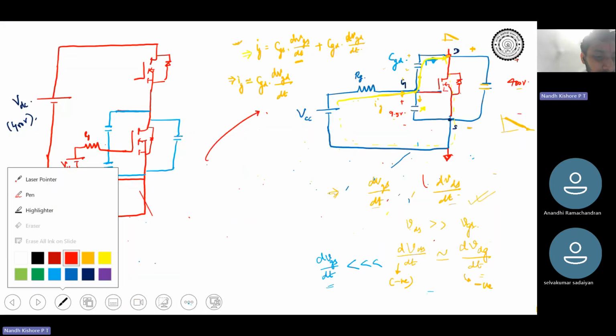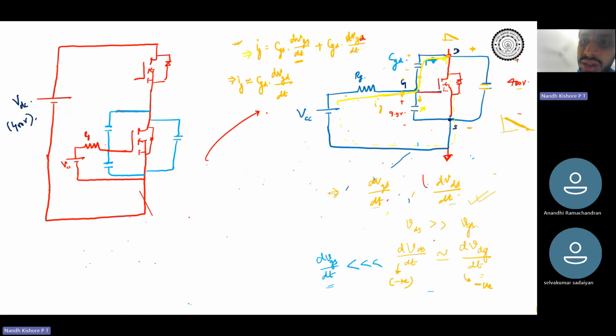So this is just KCL, right? IG is CGS dVGS by dt plus CGD dVGD by dt. Just KCL, nodal analysis at this point.